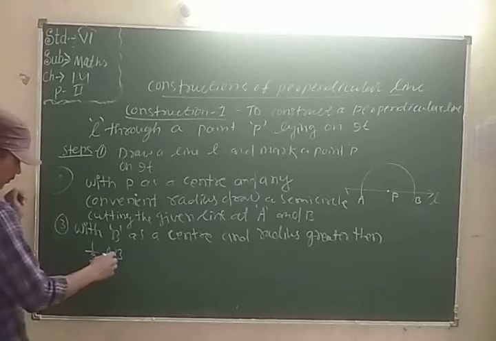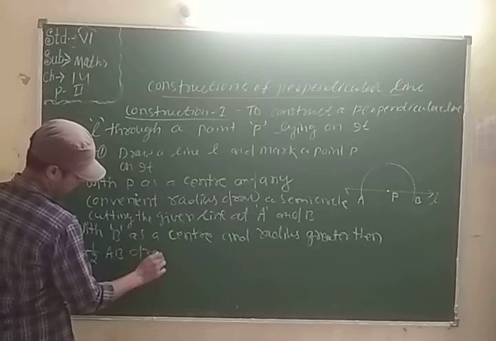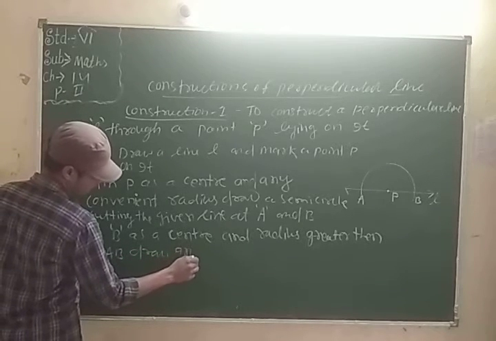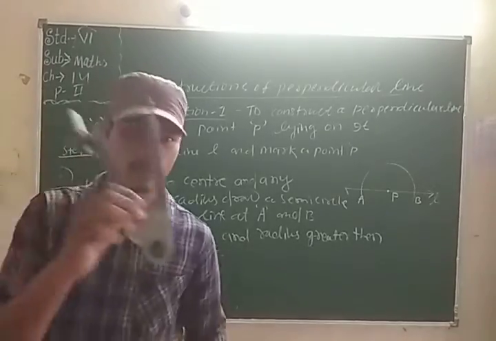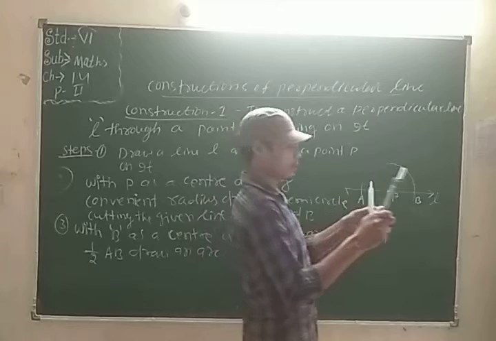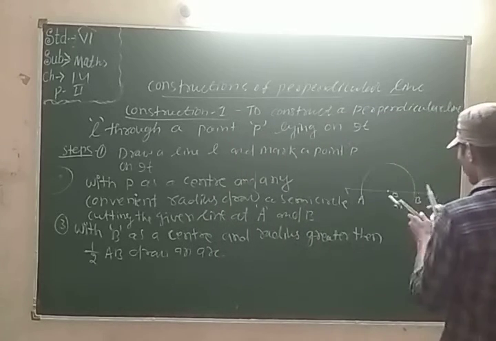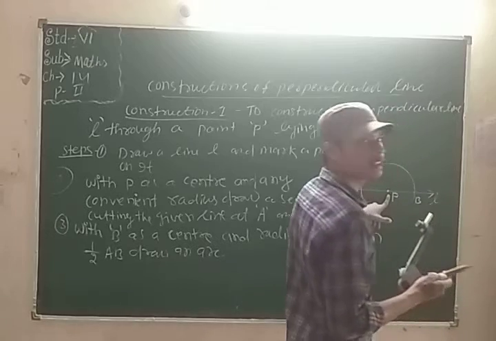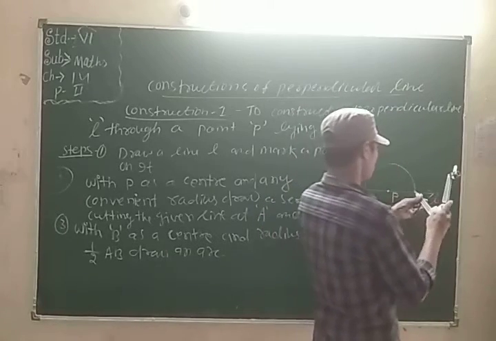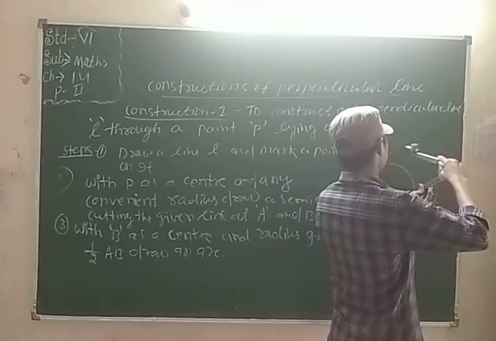Draw an arc. Here we take a compass, with the center here, and more than half of AB as the radius. Take an arc above the line.